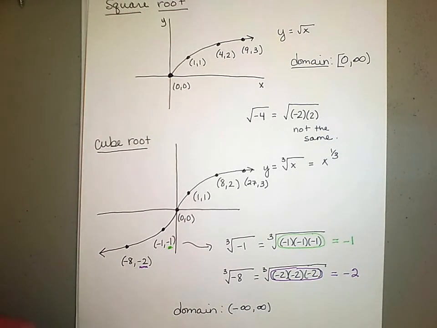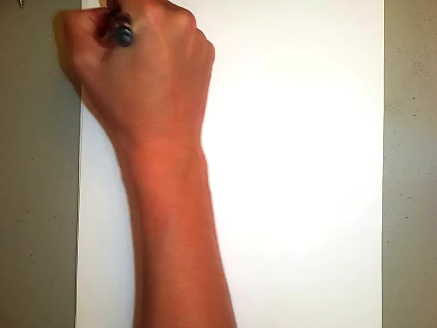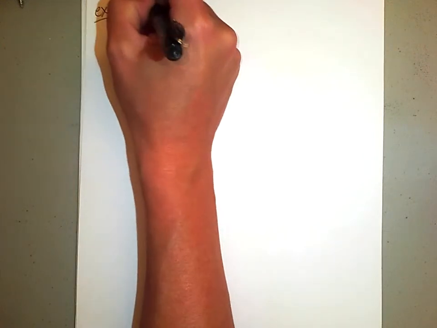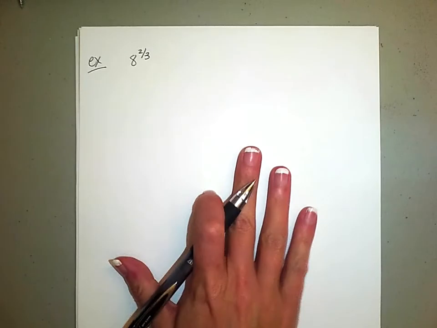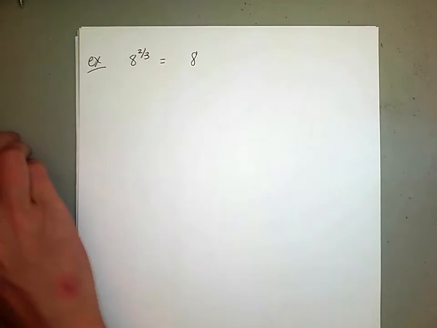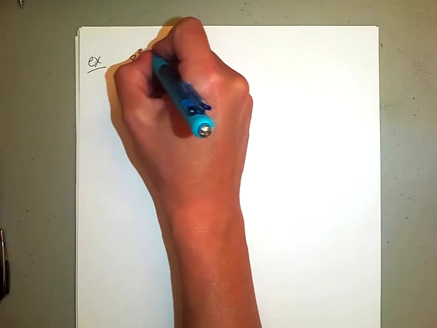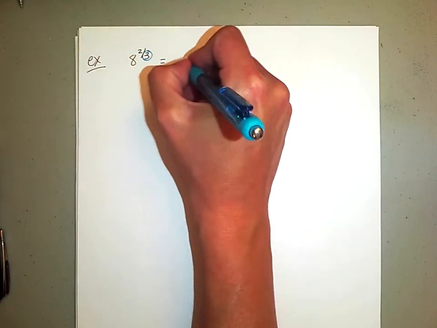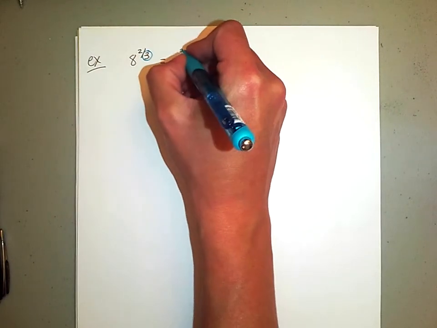Okay, let's put all this together and try and solve radical equations then. Well, actually, first let's simplify some rational exponents. All right, so if, for example, we had 8 to the 2/3 power, what we're saying here then is 8 is the base, 3 is the denominator, and so that is the root.